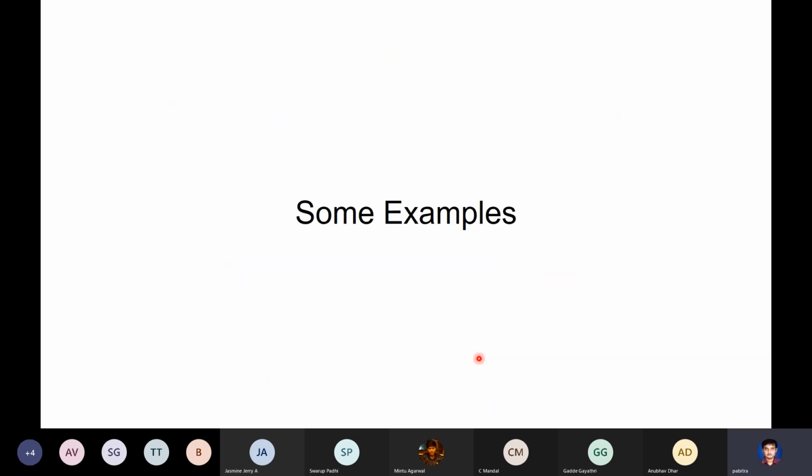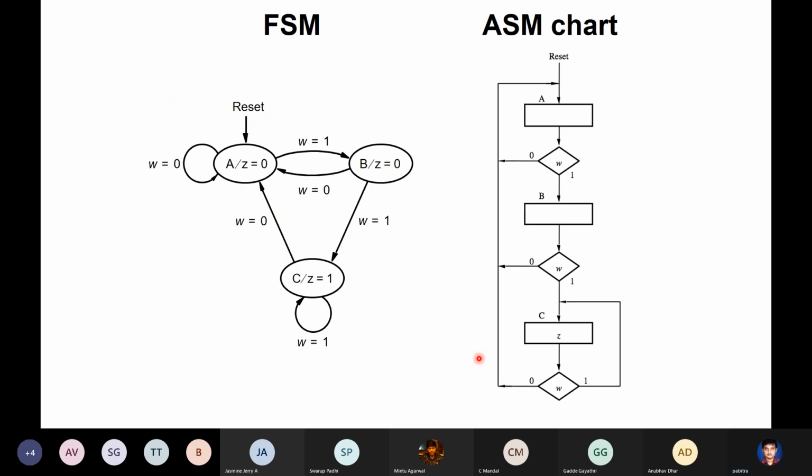Okay, so let us take some examples of how to draw these ASM charts. We'll draw the FSM along with the equivalent ASM chart for that FSM. So let's look at this FSM here. There's an initial state, reset, and it starts from there.